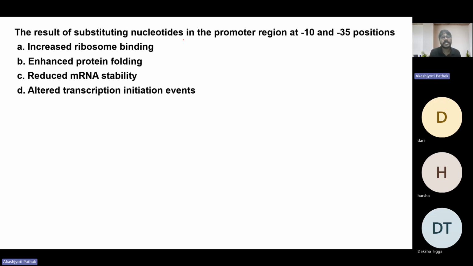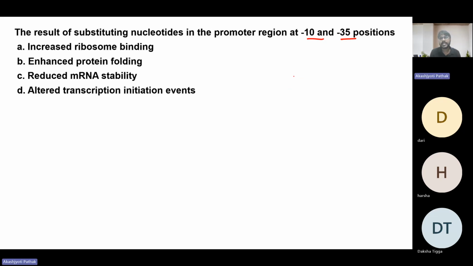What is the result of substituting nucleotides in the promoter region at the -10 and -35 positions? Option A is increased ribosome binding. Option B, enhanced protein folding. Option C, reduced mRNA stability. Option D, altered transcription initiation events.